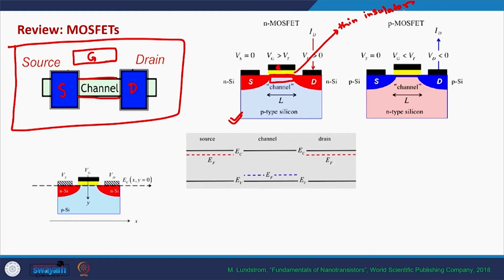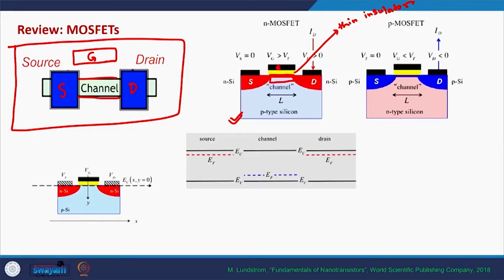So there cannot be any current from the gate terminal to the channel in this device. But the effect of the electric field on the gate terminal can be felt in the channel, and by applying a voltage on the gate terminal, the conduction in this entire device is controlled, and that is why it is known as a MOSFET.